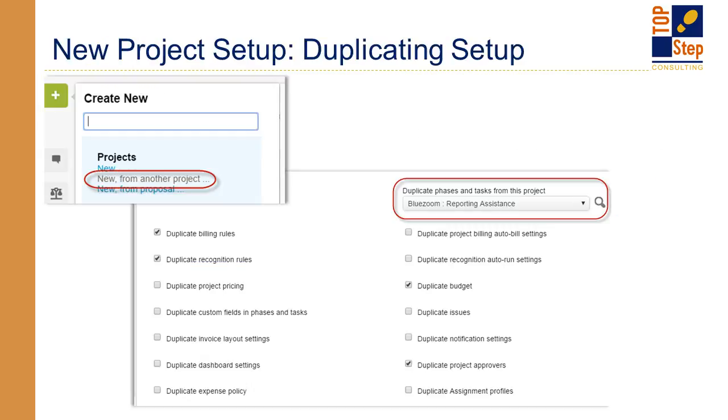So these are just a couple screenshots of what it looks like when you are using the duplicate another project and setting up a new project if you're not already familiar. One of the options on the project properties form is to select which template or which project from which you want to duplicate the phases and tasks.